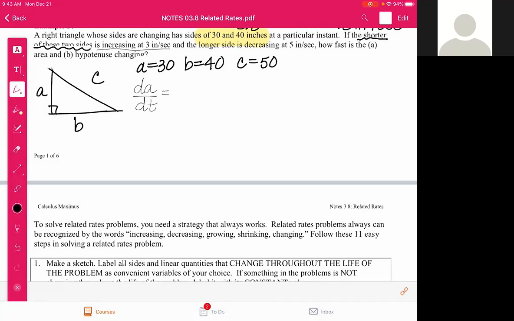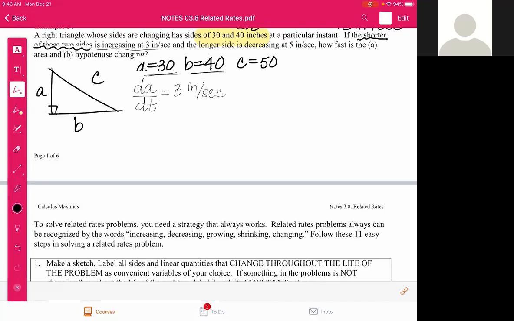Increasing, so positive, 3 inches per second. Why did I call it dA/dt? Because they said it's the shorter one. So of these two, the 30 is the shorter one.